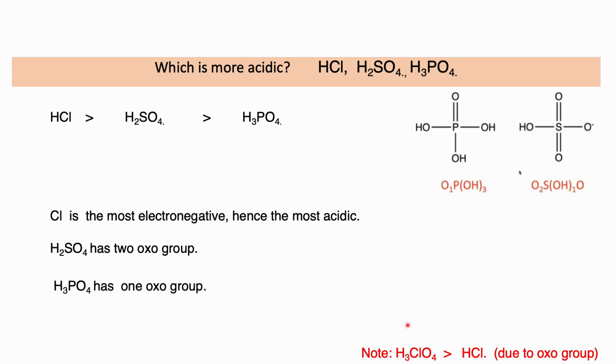But if you compare your perchloric acid to your hydrochloric acid, perchloric acid right here would be more acidic than your hydrochloric acid due to it having more oxo groups. Okay, right. So Cl is the most electronegative, hence this is the most acidic, followed by your sulfuric having two oxo groups and your phosphoric having one oxo group.